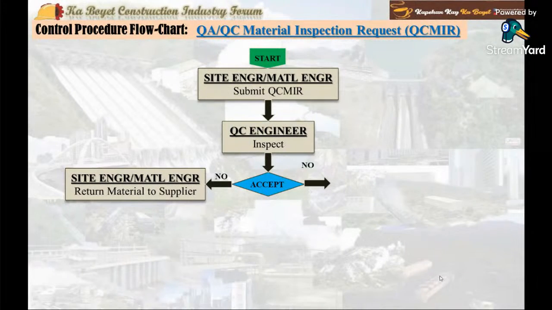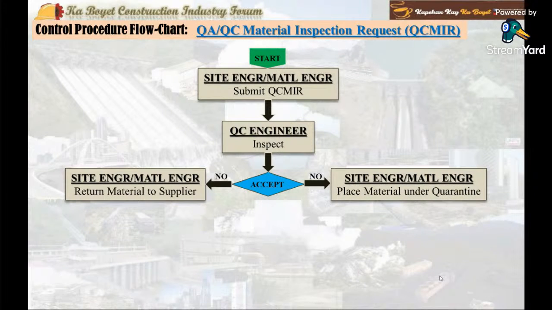Or, on the other hand, if it's not accepted, however marked to be placed under quarantine, the QC engineer and the material engineer or the site engineer or the warehouseman shall quarantine material, and supplier or manufacturer shall submit rectification proposal, or they can just outright dispose material from the project site and just replace them.